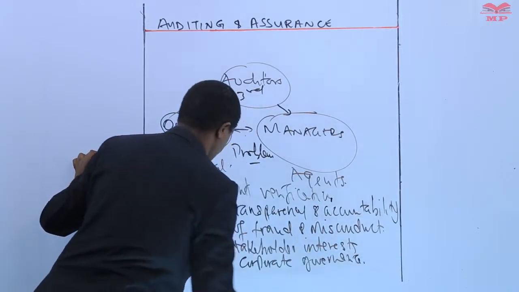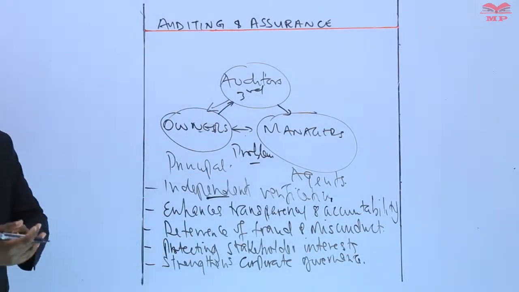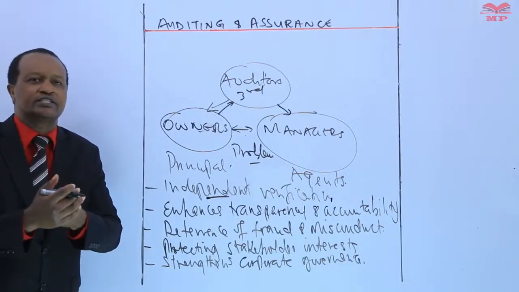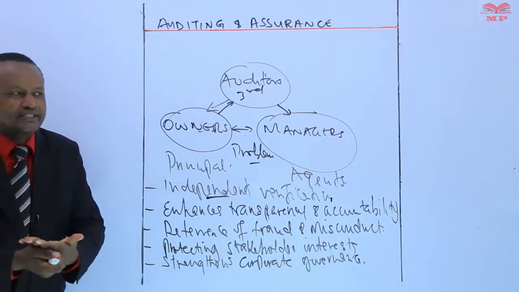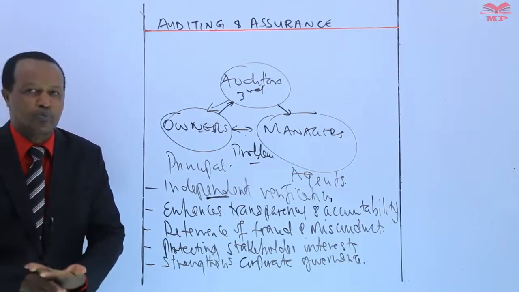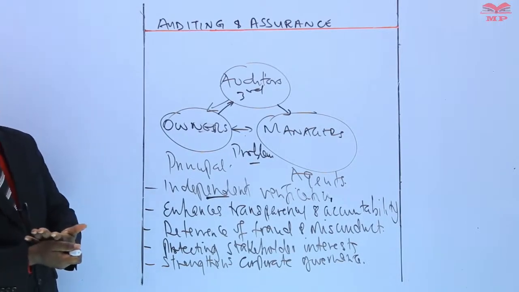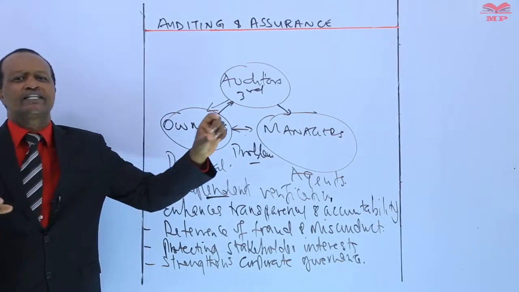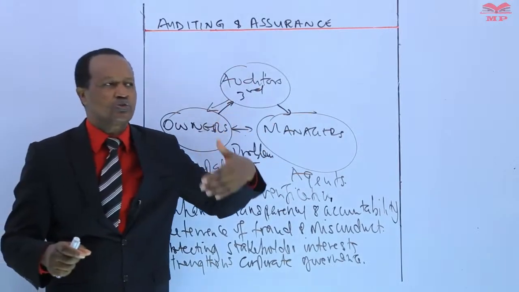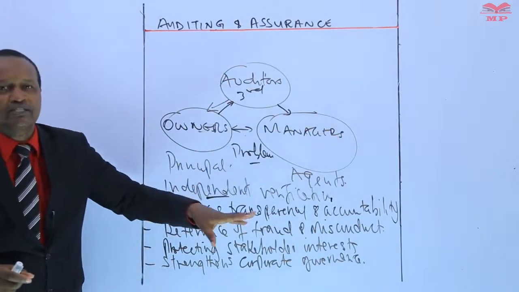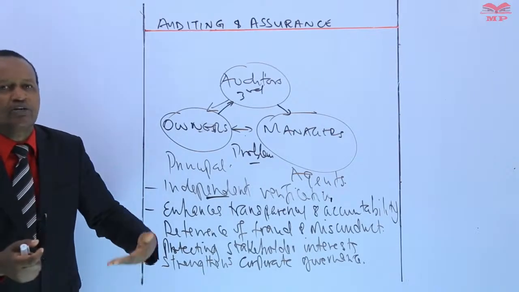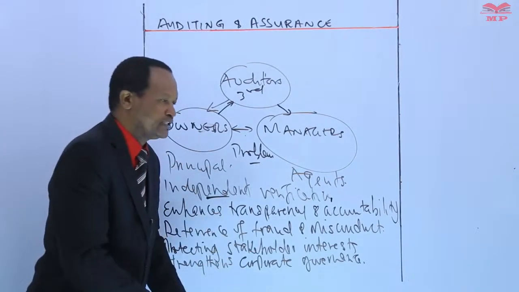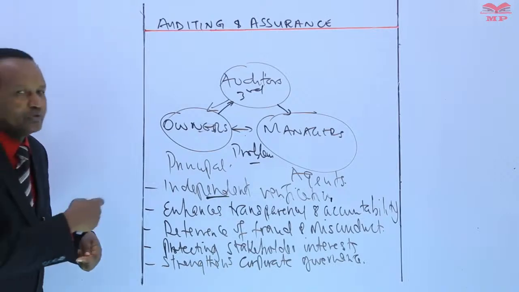Auditing strengthens corporate governance. Auditing is an integral part of a robust corporate governance framework. It complements other mechanisms such as internal controls, risk management, and board oversight, in order to ensure that the company operates in a transparent and accountable manner.